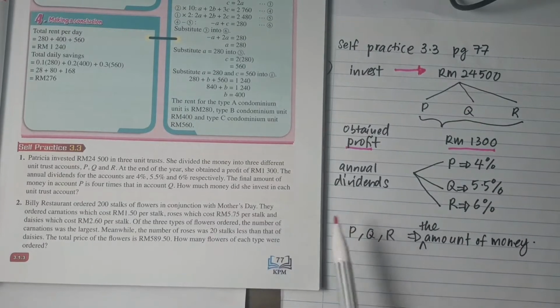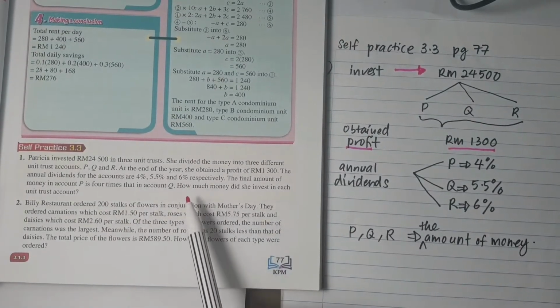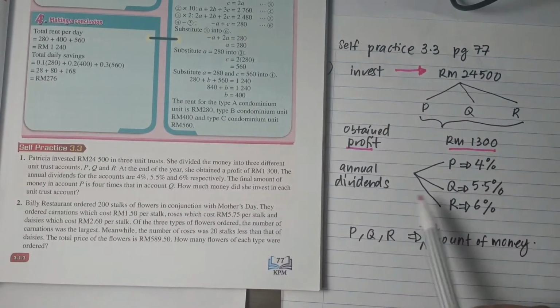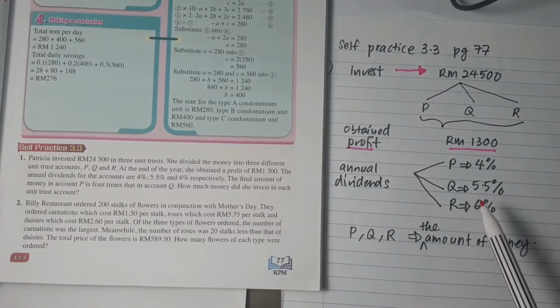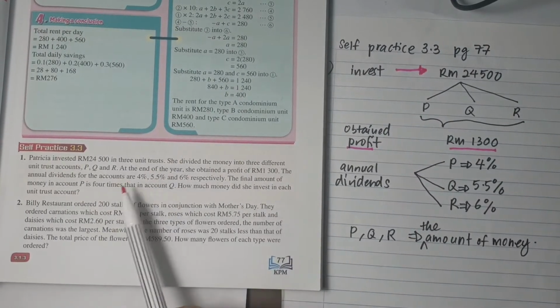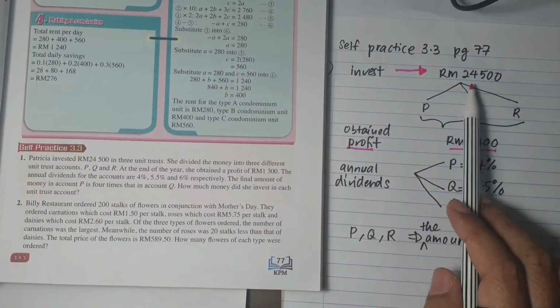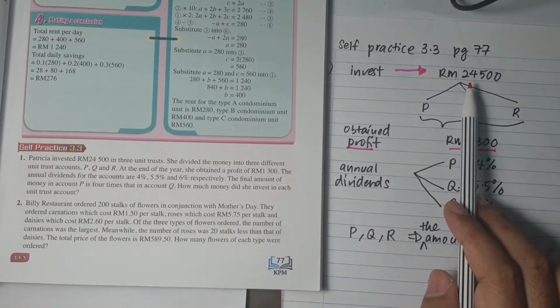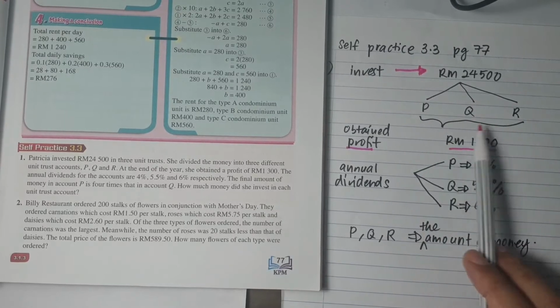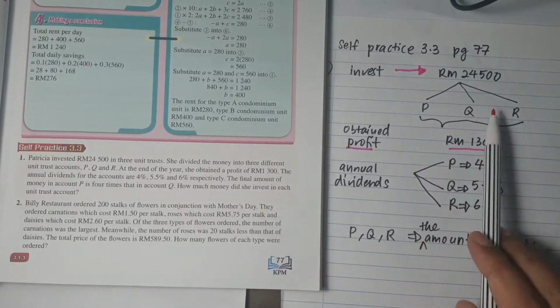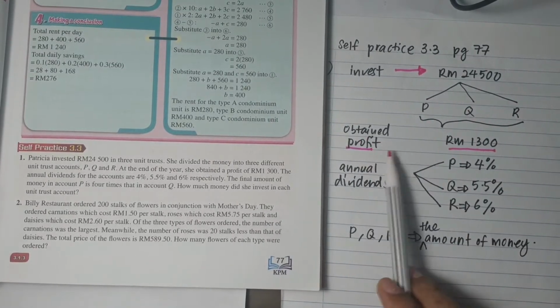So you read, you understand and then take out all the information yang penting-penting you keluarkan. So dalam kes ni you faham dia invest 24,500 and then dia divide the money into 3 accounts, P, Q, R. And then from this account at the end of the year dia dapat profit sebanyak ini.